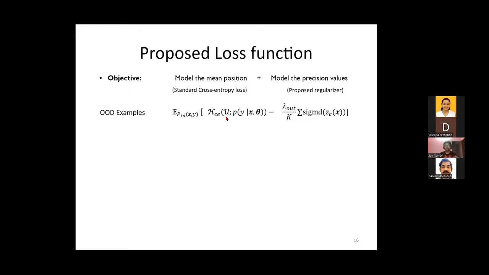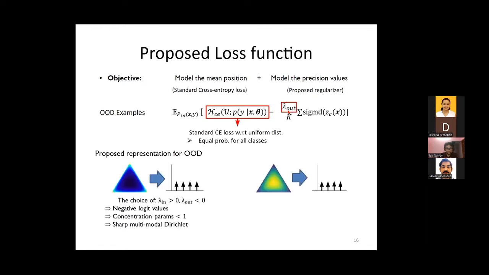So we want a uniform representation, uniform probability scores over the simplex. And this part, again, we want to reduce the value, so we always choose lambda out to be less than lambda in.